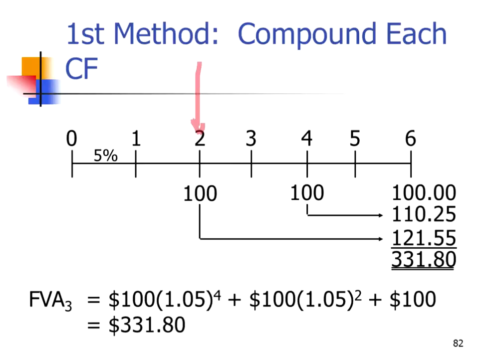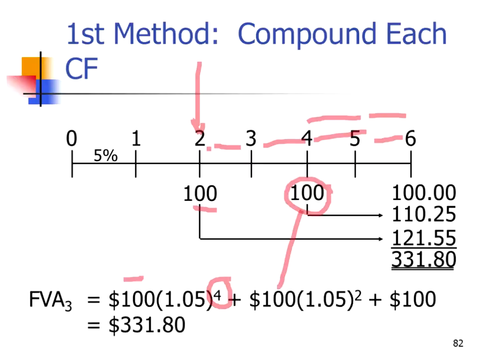Let me clear this. So when is the first payment made? At the end of the first year, right? So you will be getting interest for this $100. Moving on. So for this $100, how many periods would you get the compounding? 1, 2, 4. So that's the 4 here, which is present value multiplied by 1 plus r raised to the power t.